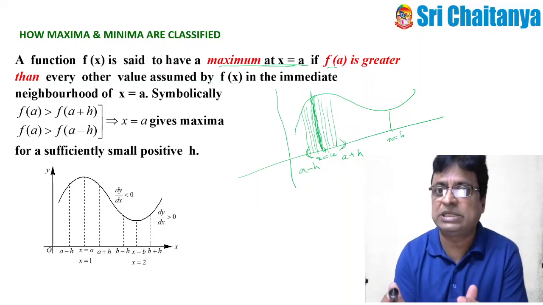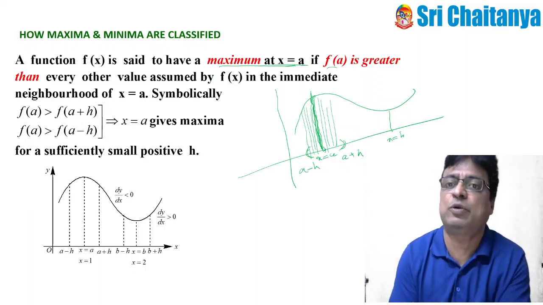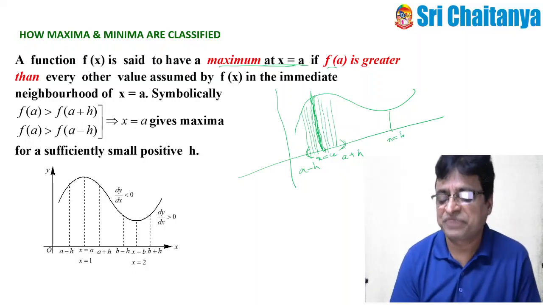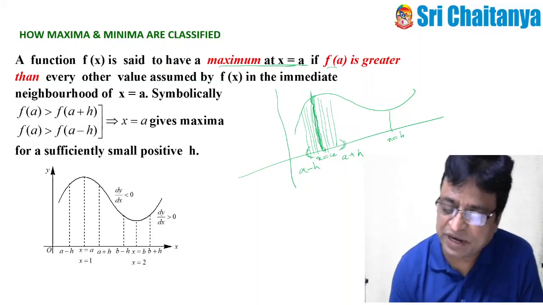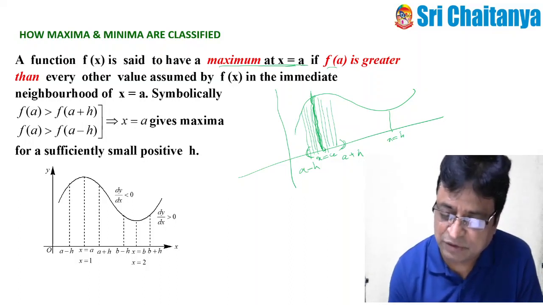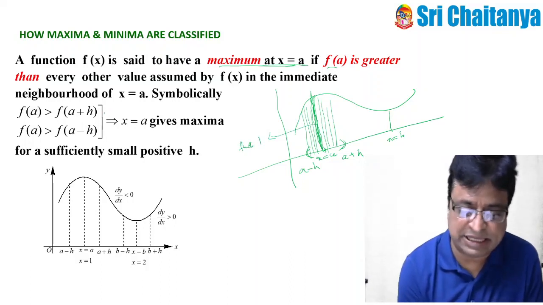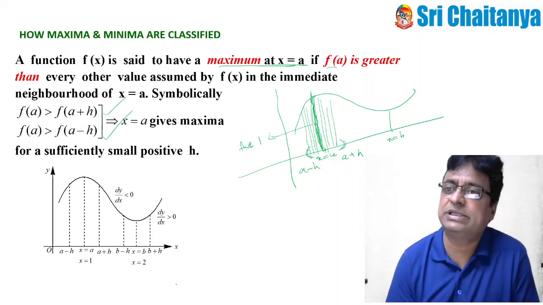What are a minus h and a plus h? They are the immediate neighborhood of the point a. So symbolically, how can I represent? This f of a is greater than f of a minus h as well as f of a plus h.